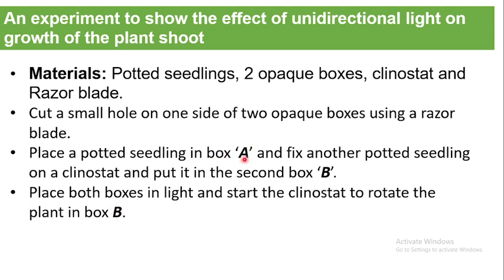In plant A, there is no clinostat, therefore light is only falling on one side of the plant. Then you leave the setup for 3 to 4 days in order to develop significant results.